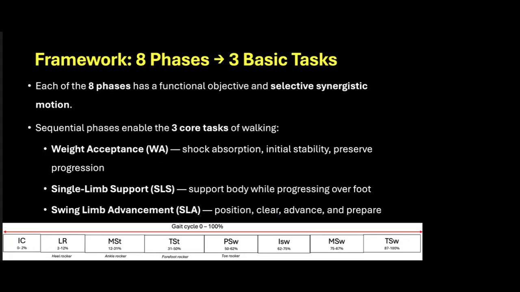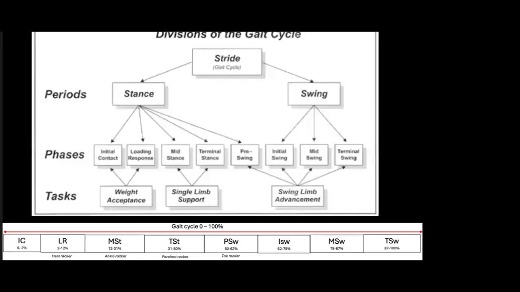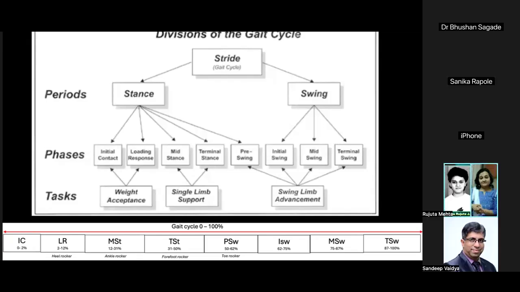So the framework is such that there are 8 phases and 3 basic tasks. The 3 basic core tasks of walking are weight acceptance, single limb support, and swing limb advancement. And the 8 phases are the ones which I have put down in the strip. So, this is a functional division of the gait cycle, wherein stride is the gait cycle.